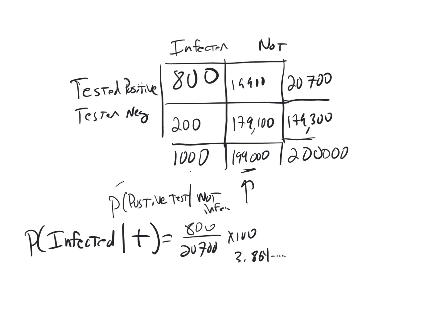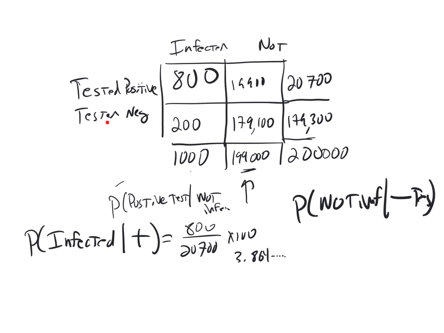So then for part B, that's looking for the probability that somebody does not have the virus, not infected, given that they test negative. So in that case, we're looking at this row.